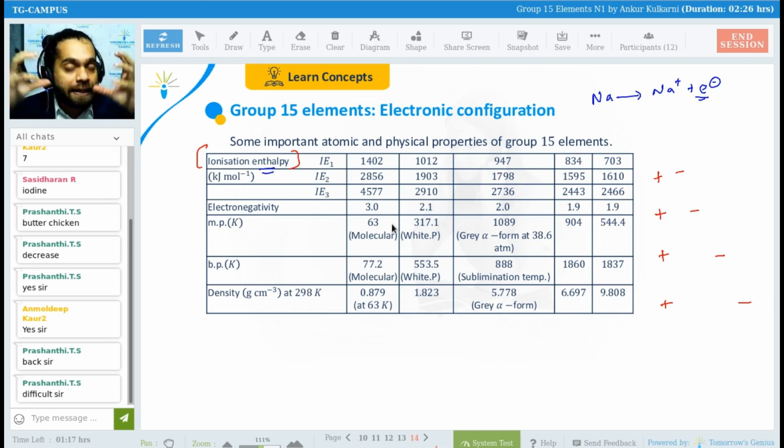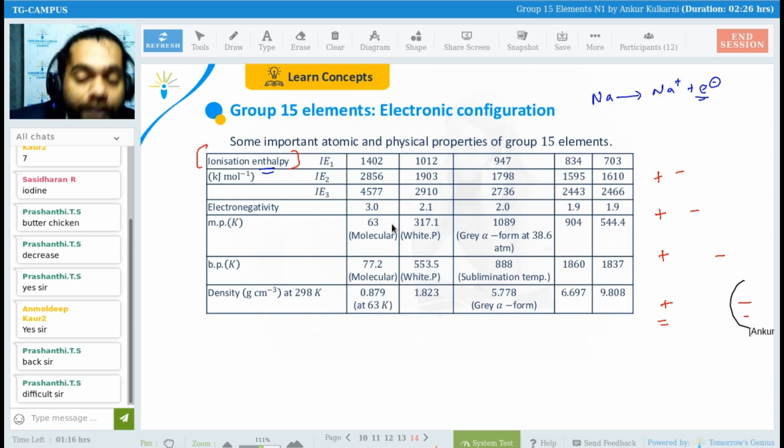The attractiveness between your nucleus and the outermost electron is decreasing. So obviously it is easy to remove this electron. Plus there are electrons in between which create repulsion.